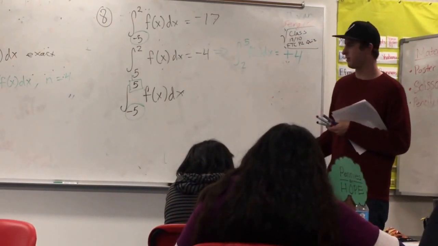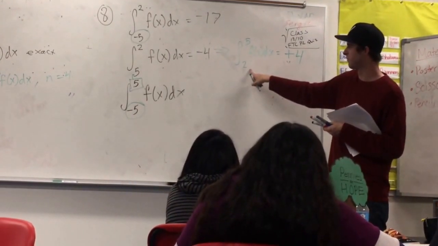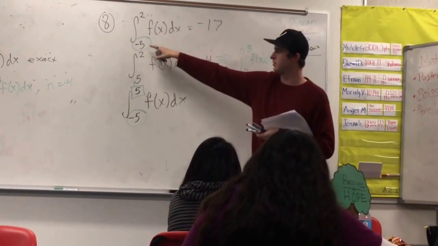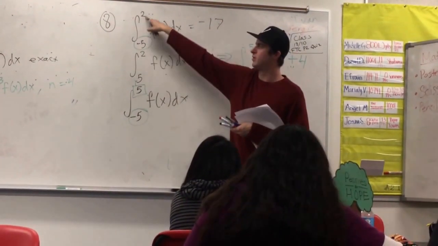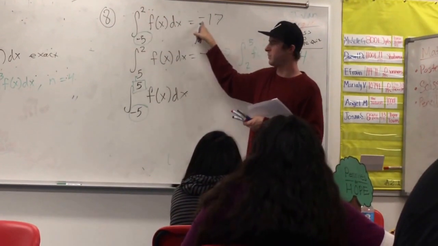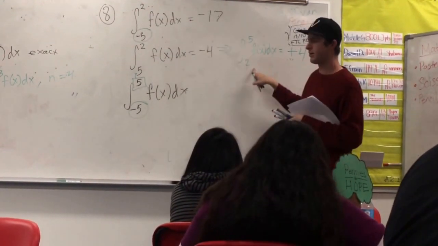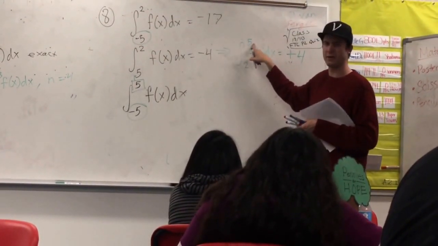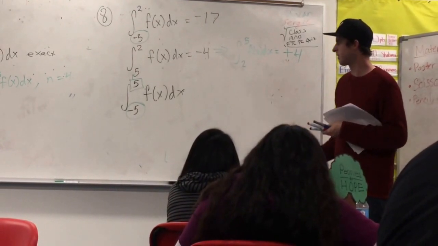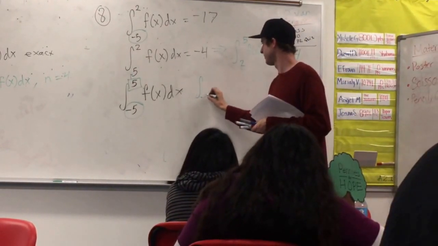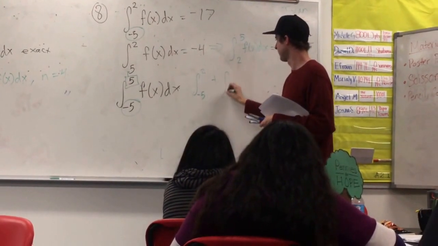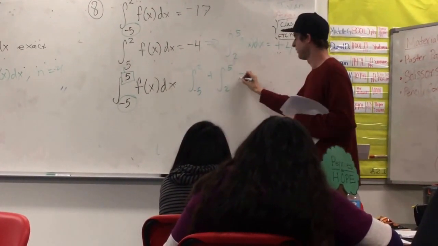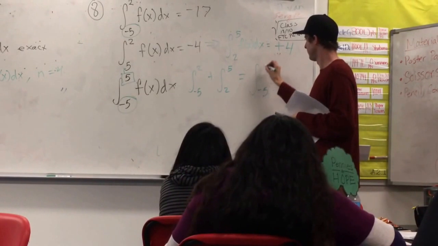So now we can basically say I'm starting at -5, going to 2. That gave me -17, and then I continue on at 2 and go to 5, and I went up. So the integral from -5 to 2 plus the integral from 2 to 5 equals the integral from -5 to 5.